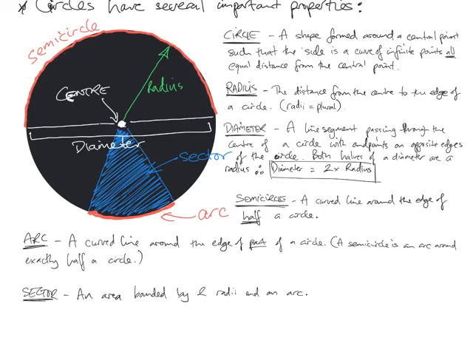An arc is a curved line around the edge of part of a circle, and just understand that a semicircle is a special case of an arc because it's around half of a circle, whereas an arc is any part. This is an arc, and this side could be an arc, okay?